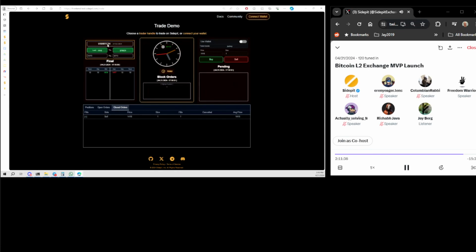Okay, so we're considering Sidepit like a Reddit. This is the Bitcoin layer 2 Sidepit. In this Sidepit, we only care about one thing, and that's the price of Bitcoin in dollars. But in the future, you're open to creating other subreddits, if you will.